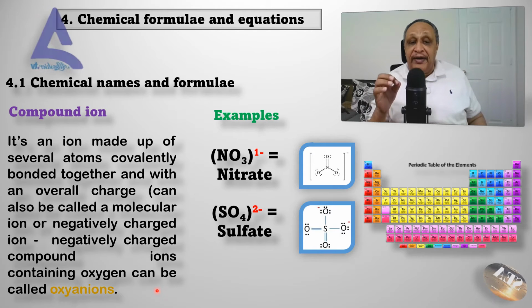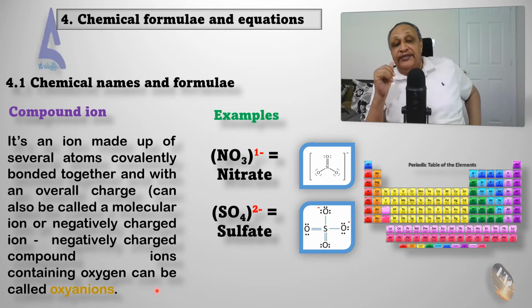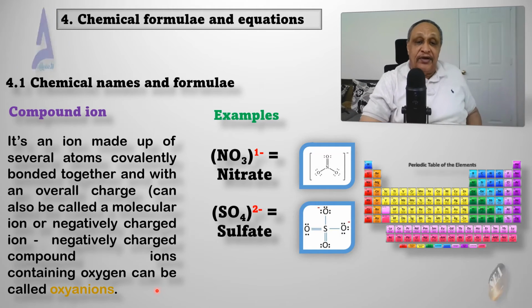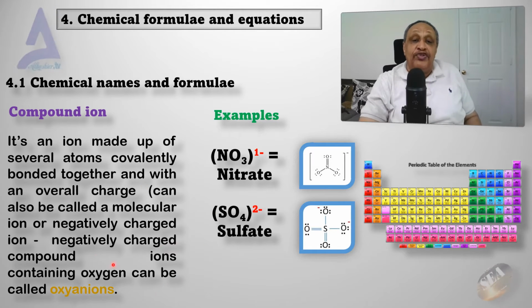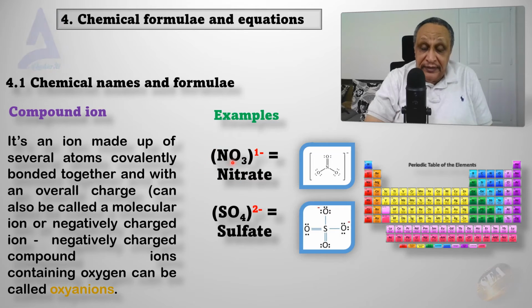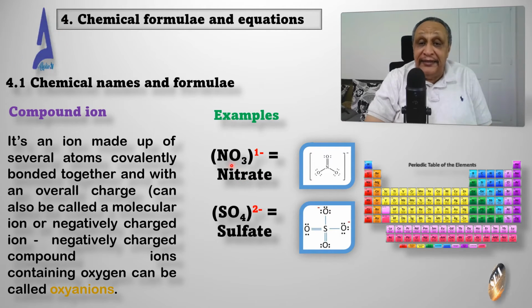Negatively charged compound ions containing oxygen can be called oxyanions. So those are groups of elements working together as a group, not as individuals or singles. They work as a group like this.